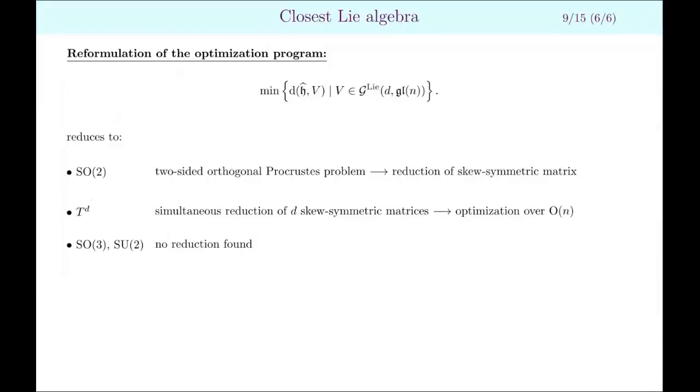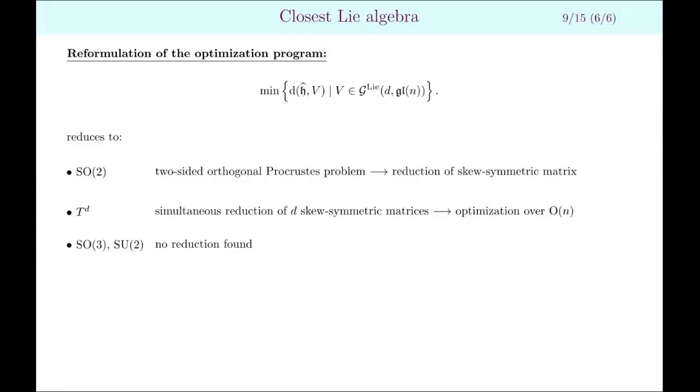So we try to find reductions of this optimization program. It turns out that for the circle, this boils down to a Procrustes problem, which has an explicit formula. So this is what we use, very fast. For the torus, it reduces to the problem of simultaneous reduction of skew-symmetric matrices, which is conventionally implemented as an optimization over the orthogonal group.